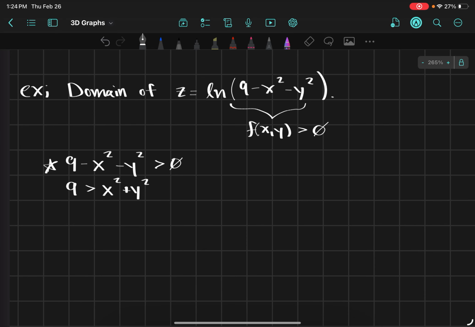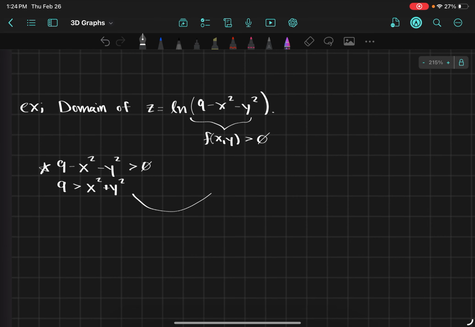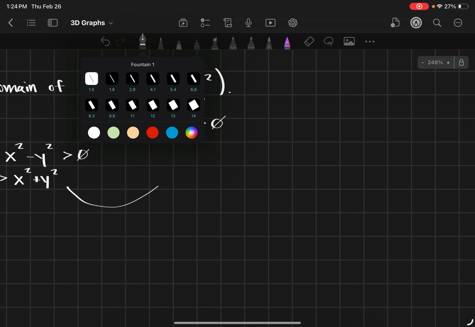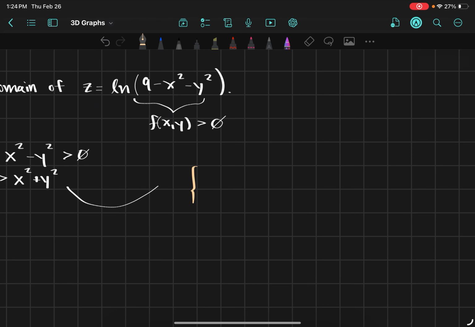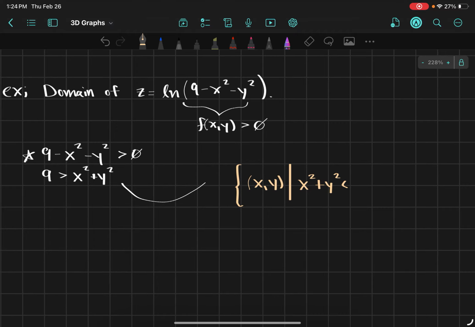We can just go ahead and turn this into our set builder notation again. Let's go ahead and do that in the other color again. We have the set of xy such that x squared plus y squared must be less than 9. Otherwise, our function is undefined.